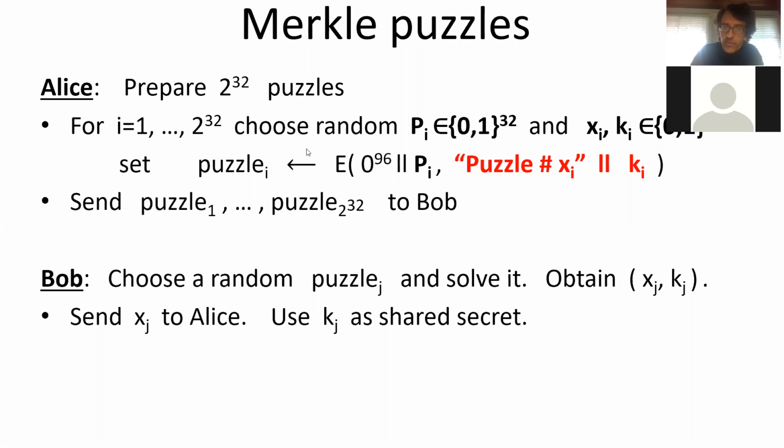He decrypts, and he tests whether the decrypted stuff looks like puzzle followed by anything, right? And the only one that does with overwhelming probability is going to be the correct one, if it is an ideal cipher. So, by the way, this cannot be just a single cipher, right?